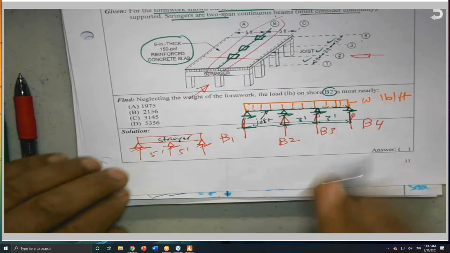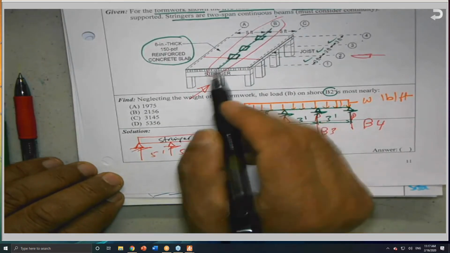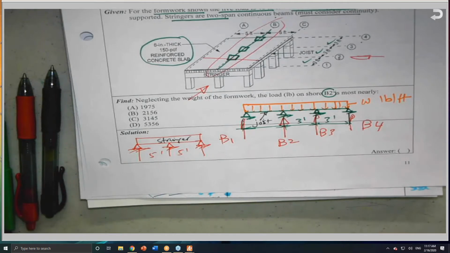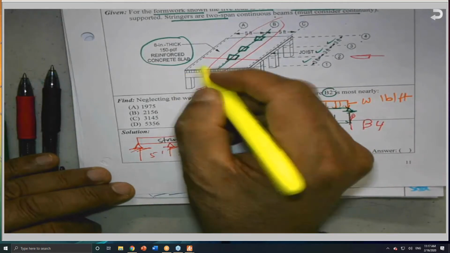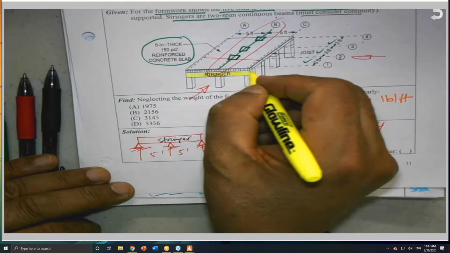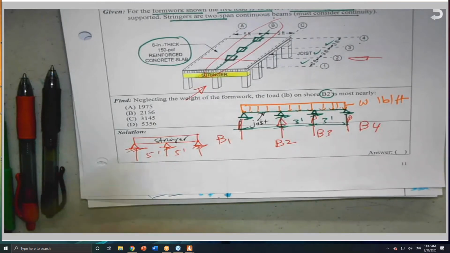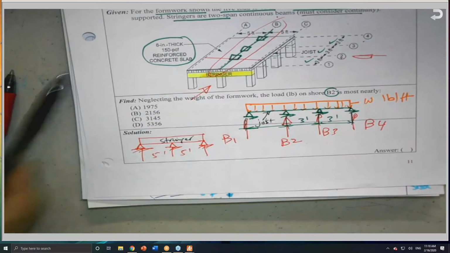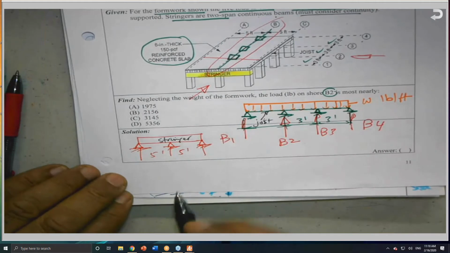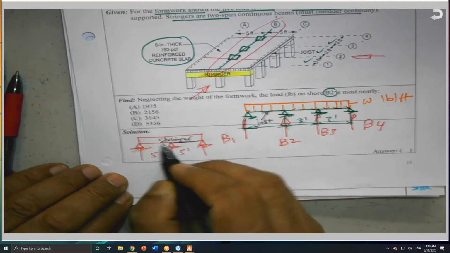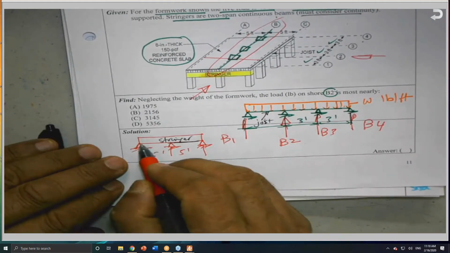What does it mean? This stringer here, similar to the picture I showed you, is continuous over these 3 columns, or continuous over the middle one. So this is one continuous member.